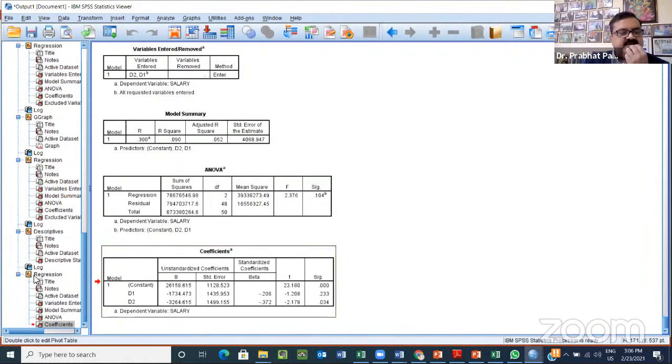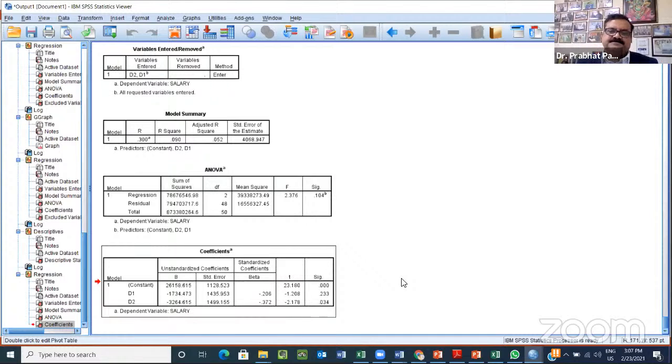Right? So when it comes to South, the p-value is 0.034, that is far less than 5%, that is 0.05. So this means it's significant. What we can say is that on average, the South people are getting 3,264 less than the West teachers, and this difference is significant.